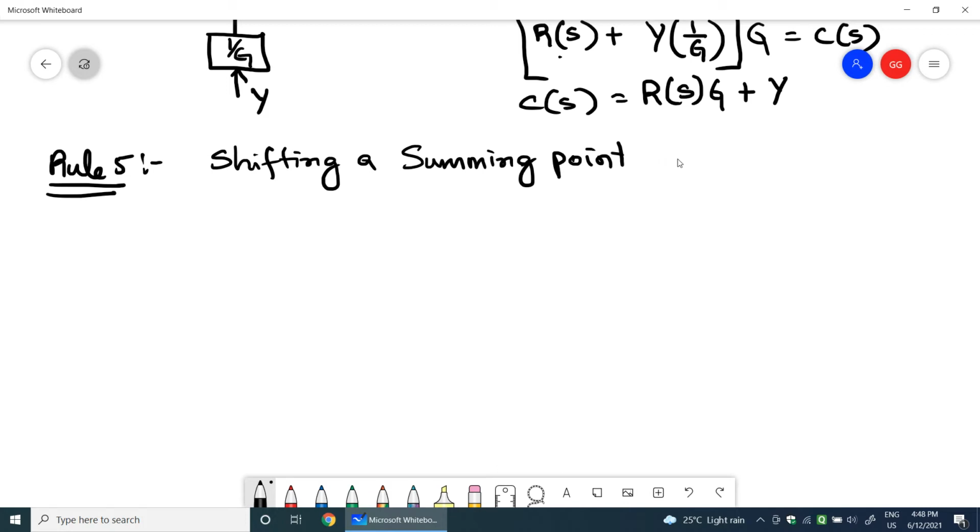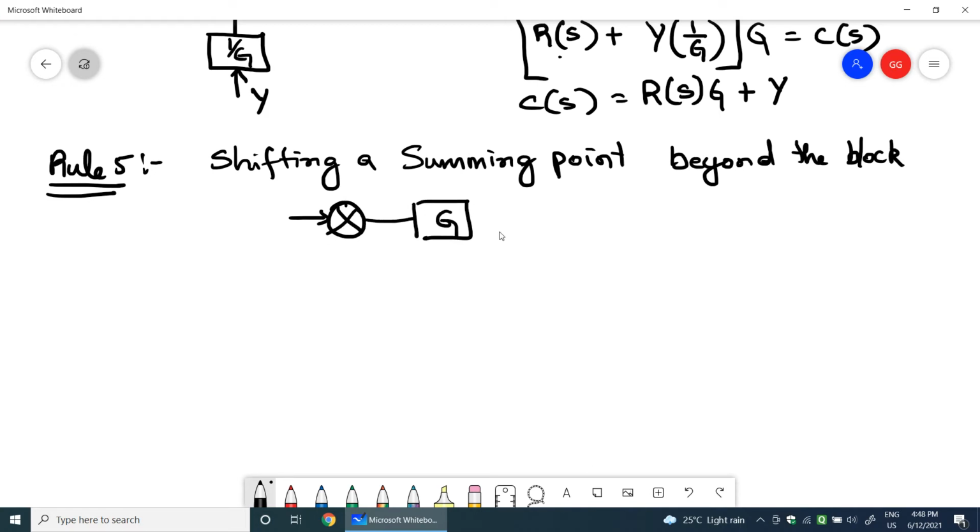Summing point beyond the block means it is after the block. So initially we will have a summing point and then G and then Y. Here we will have R, here we will have Y, which is plus.